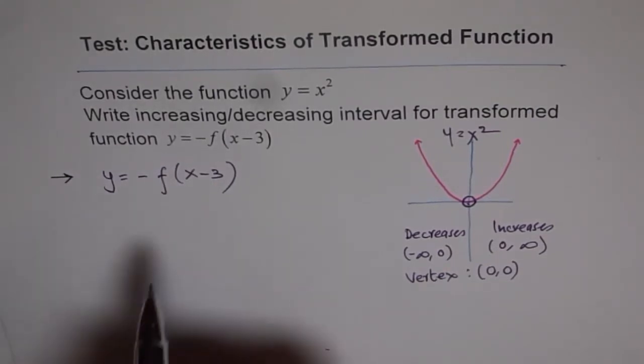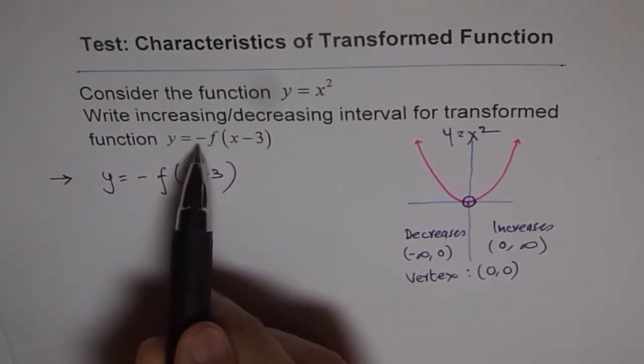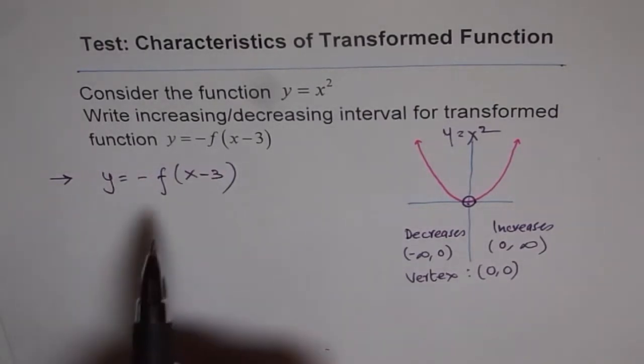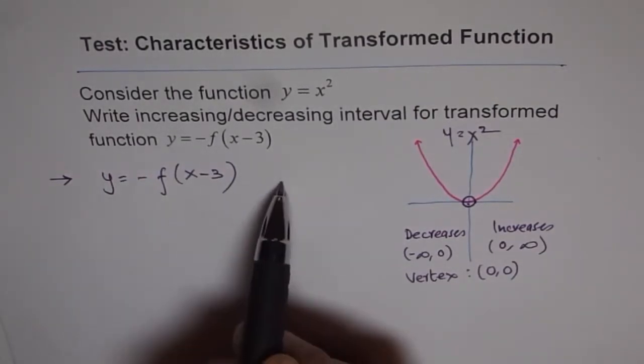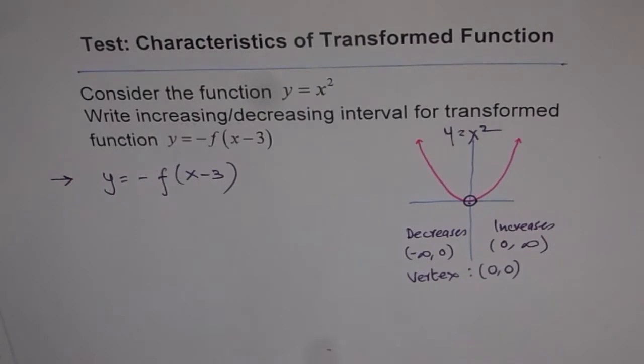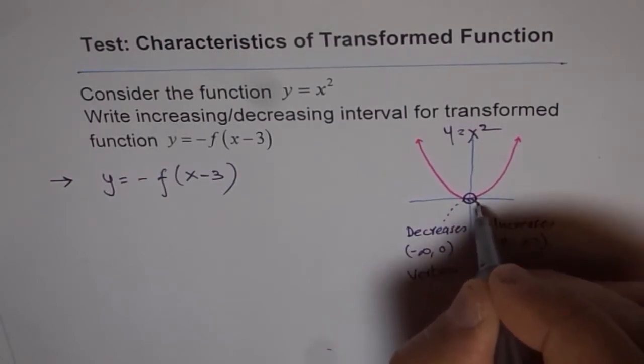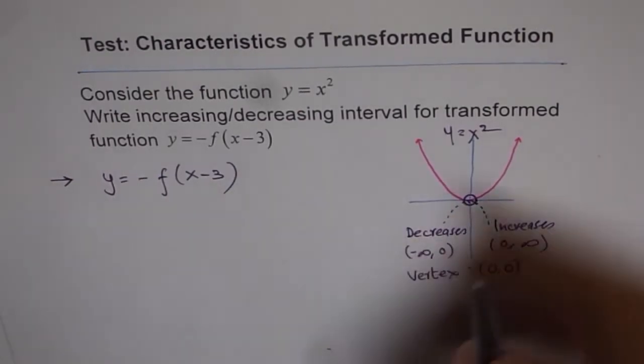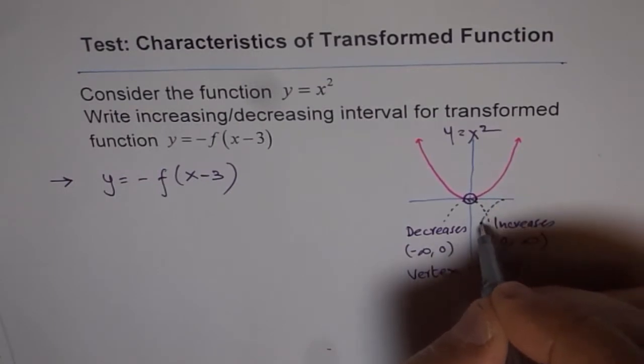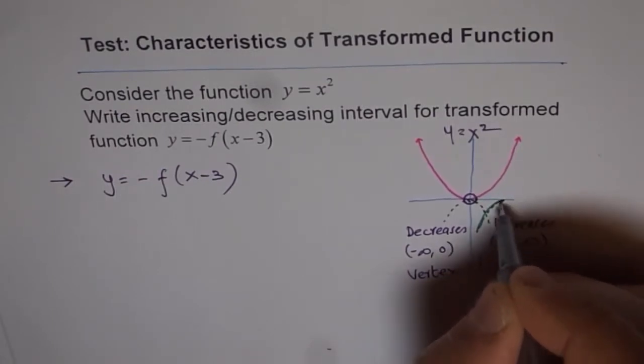This function indicates reflection on the x-axis, right, and 3 units to the right. That means you need to reflect it like this and move it 3 units to the right. So that will be your transformed function.